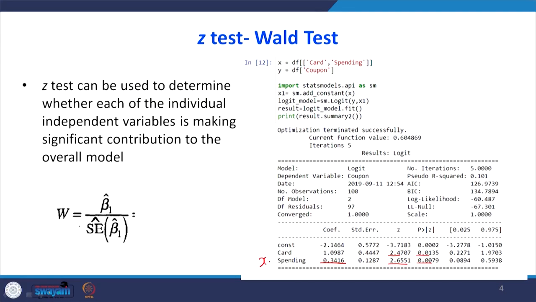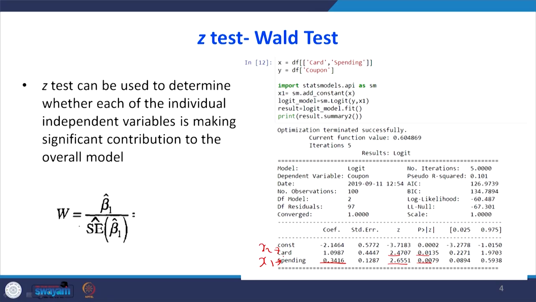So here we are taking x1 variable, this is x2 variable. So e to the power 0.3416, that will give you the odds ratio for this variable, because in some software packages, for example Minitab, they directly give the odds ratio for each independent variable. But in Python we can calculate the odds ratio using that relationship e to the power beta 1.